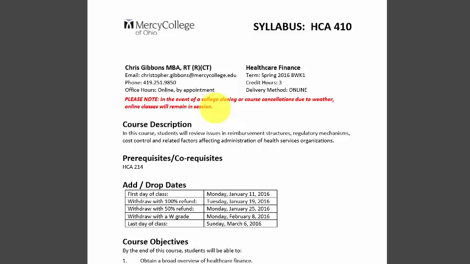No, unfortunately, we keep going unless the server goes down. The D2L Brightspace servers are, I think, located in multiple spots throughout the country, so there's built-in redundancy. I don't think they're going to go down. So keep in mind we will remain open.